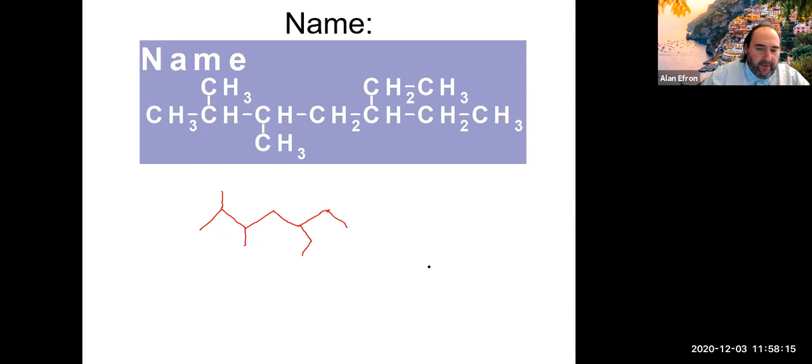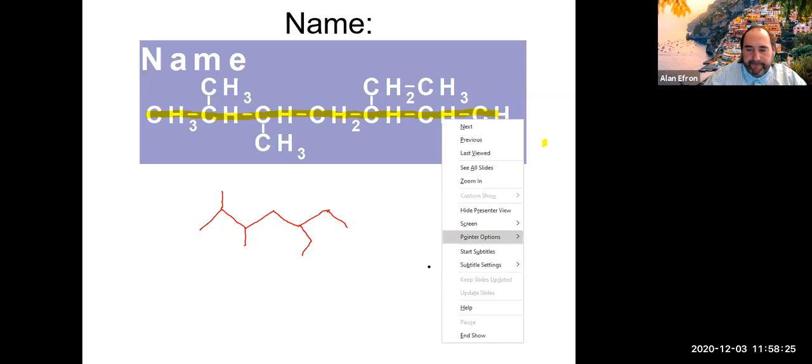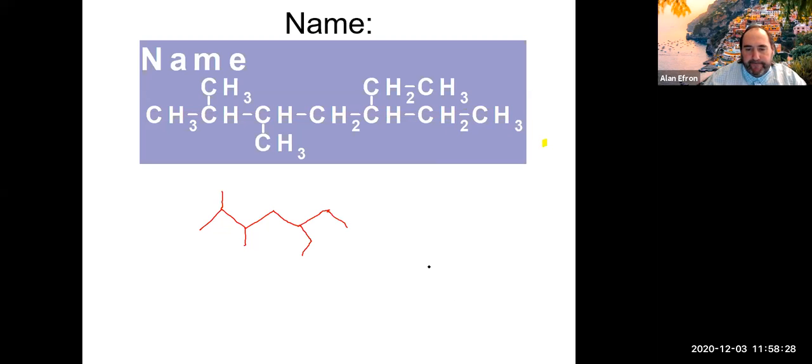So again, here we want to look for the longest continuous carbon chain. So always good, maybe just start straight across. We got 1, 2, 3, 4, 5, 6, 7. So that doesn't seem too bad. If we go perhaps 1, 2, 3, 4, 5, come up 6 and 7.